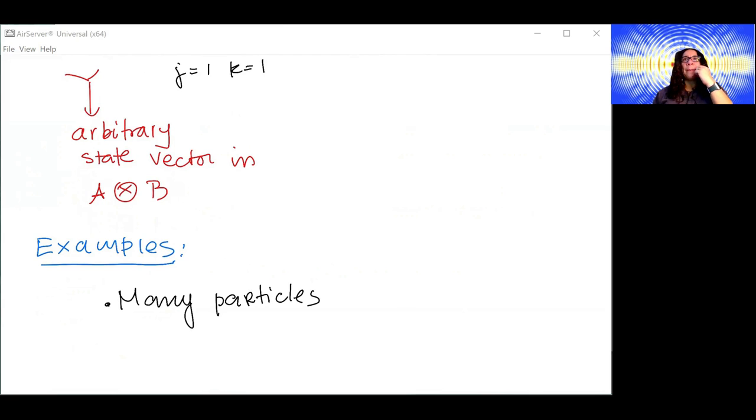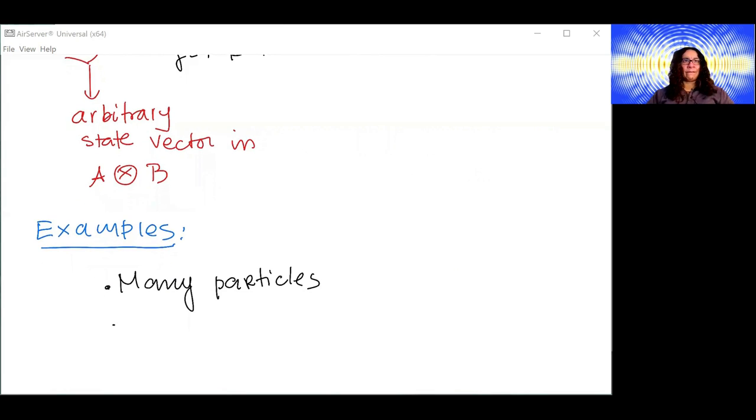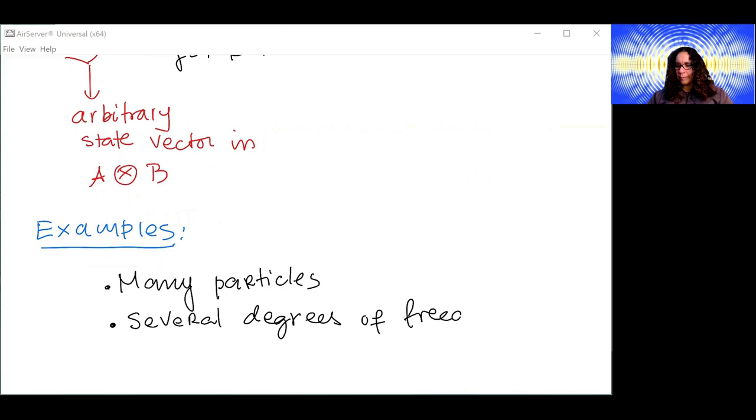You could have several degrees of freedom. This is very common if you are dealing with molecular dynamics, because you are going to have electronic degrees of freedom, vibrational degrees of freedom, rotational degrees of freedom, and you have to find ways of taking all these things into consideration.